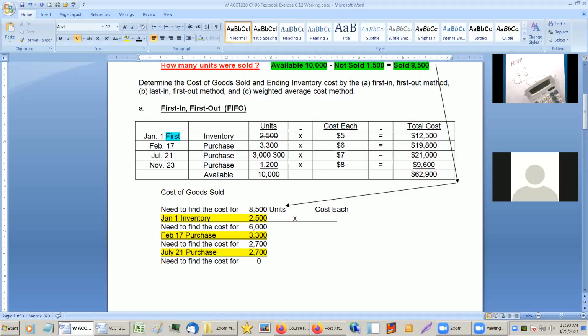Cost each was $5. Maybe a better way to do this. They already got the numbers for us for some of these things. Okay, and this would be the totals.